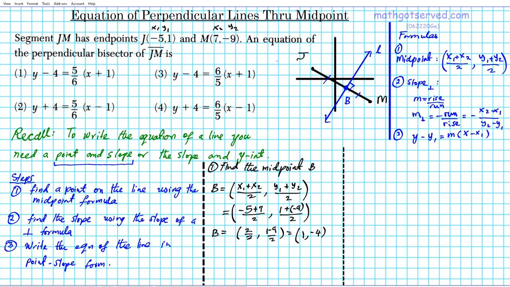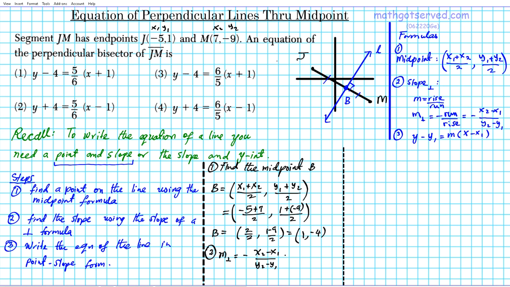Looking good. All right, so next we need to find the slope of that line L that's a perpendicular bisector of this segment right here. So for part 2, the slope of a perpendicular is going to be negative x2 minus x1, negative run over rise, right, over y2 minus y1.